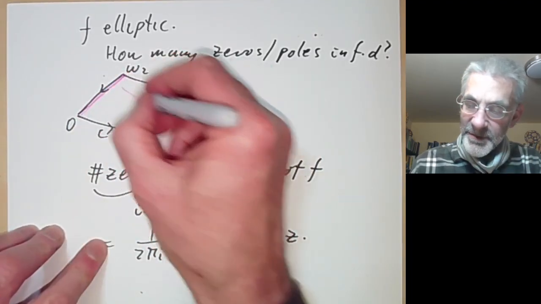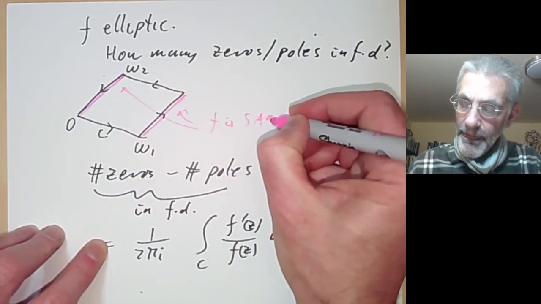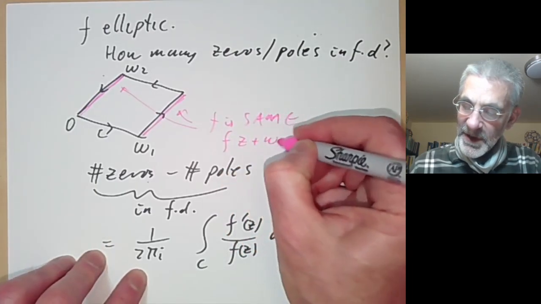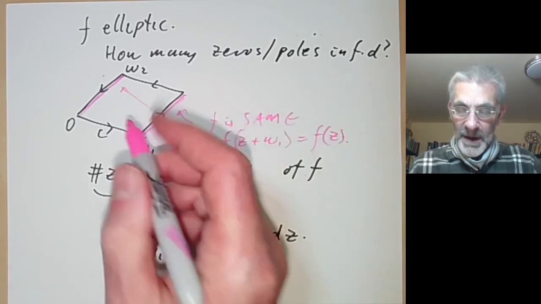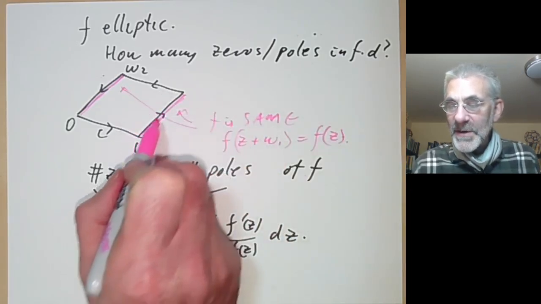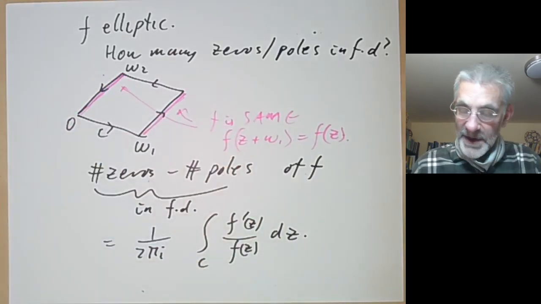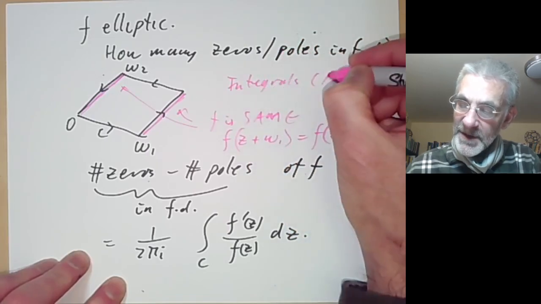Well, on these two bits, f is the same because it's periodic. f of z plus omega 1 is equal to f of z. So in one integral, we're integrating in that direction, and in the other integral, we're integrating in the other direction. So the integrals cancel.